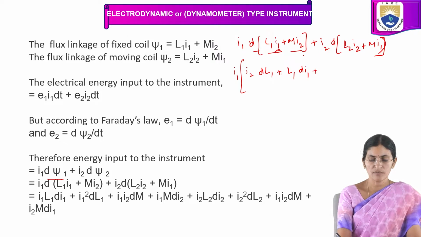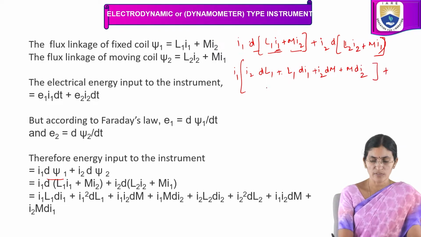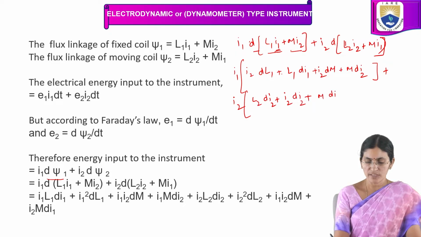Similarly, we differentiate with respect to M as well as I2, so dM into I2 plus M into di2. In the same way, for the second term, I2 into L2 into di2 plus I2 into di2 plus M into di1 plus I1 into dM.